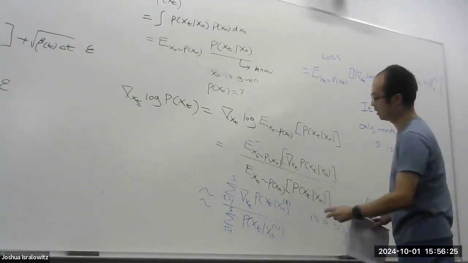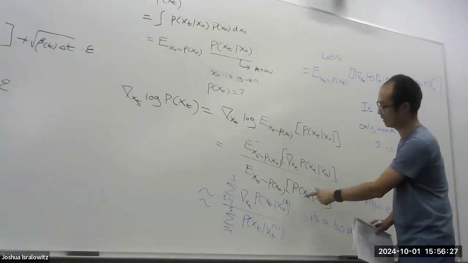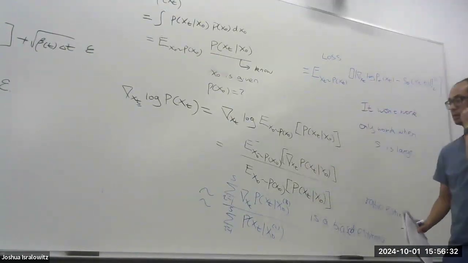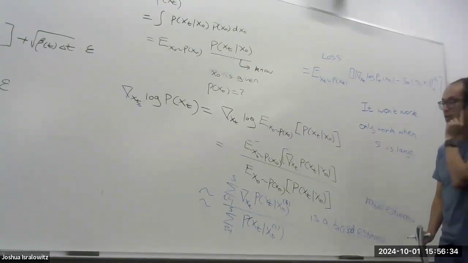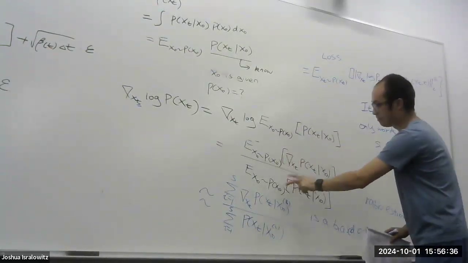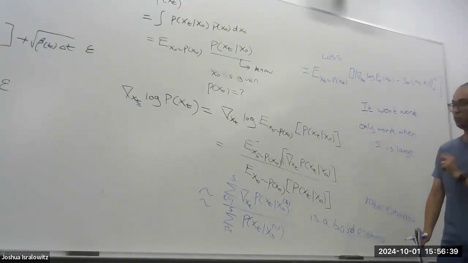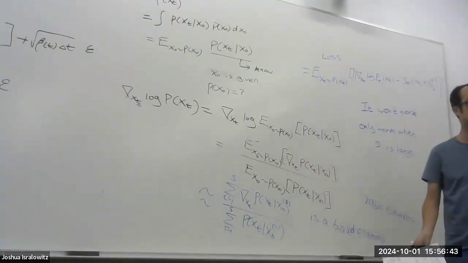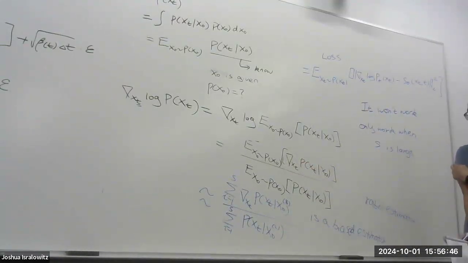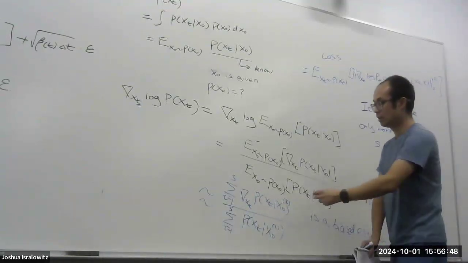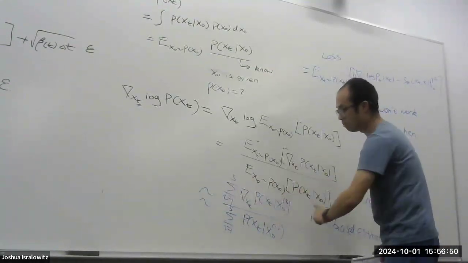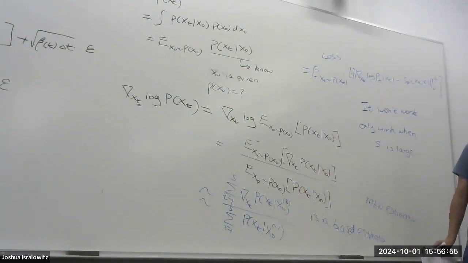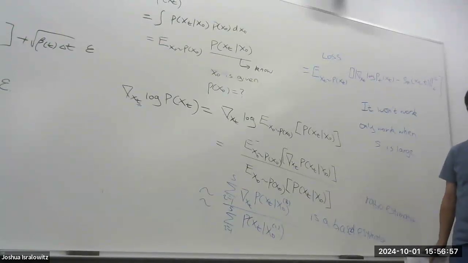Both the denominator and the numerator are expectations, one divided by another. If you use each of these separately, you can just sample them without any problem and without any bias. But if you use this sample mean and this other sample mean, and then divide them together, this is biased.